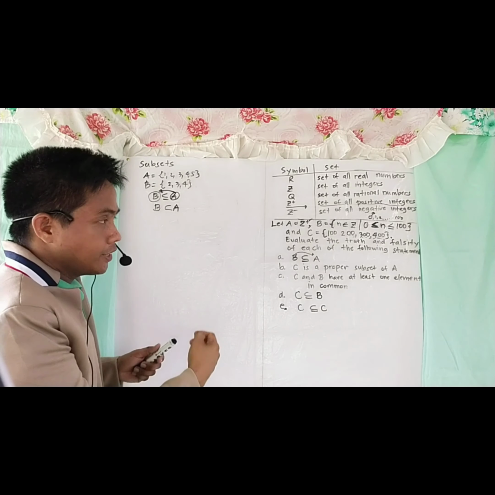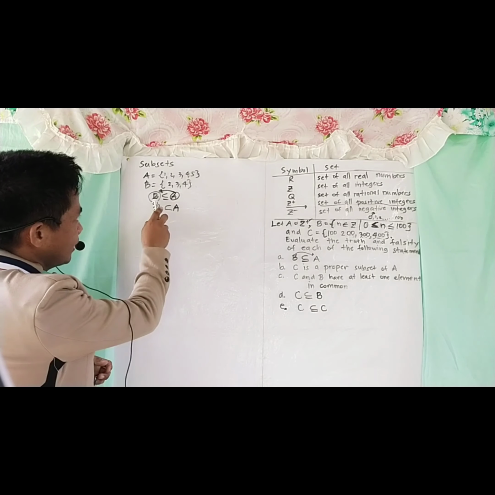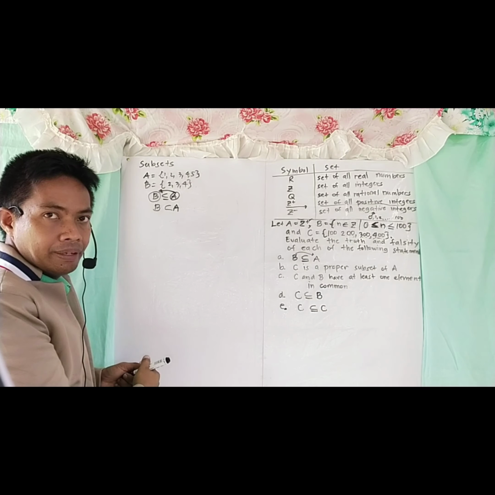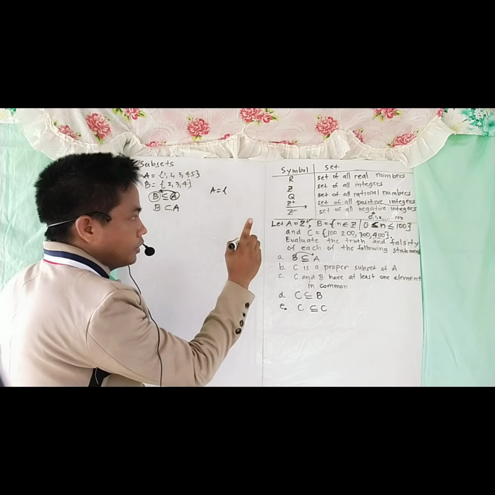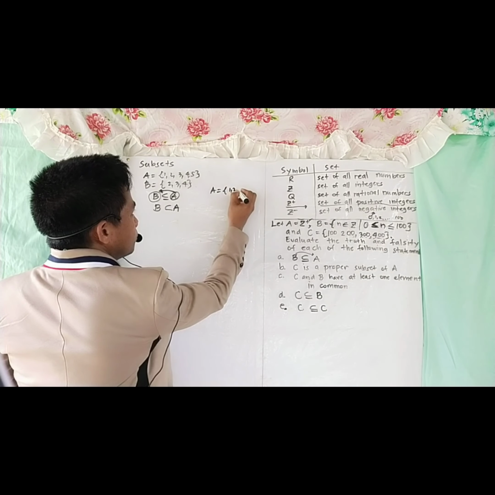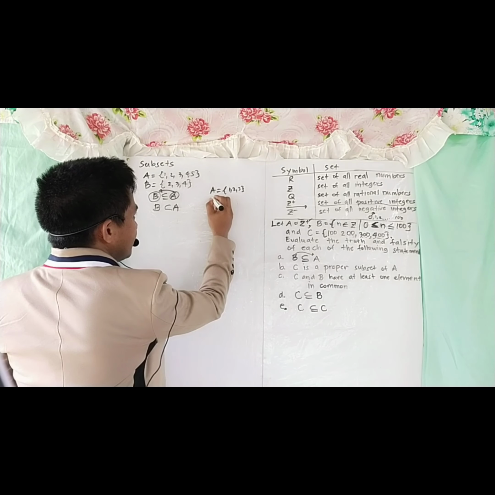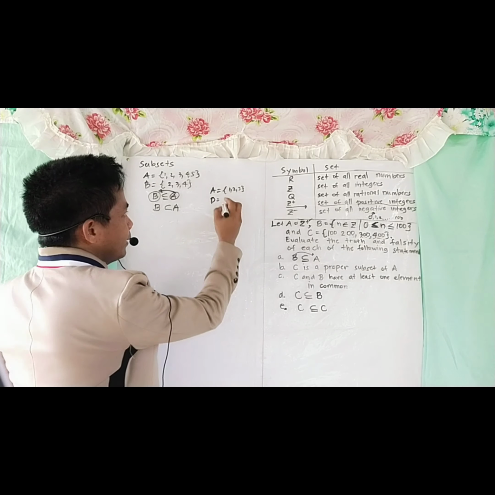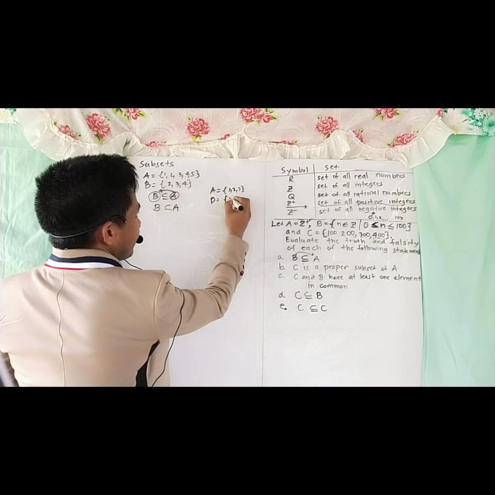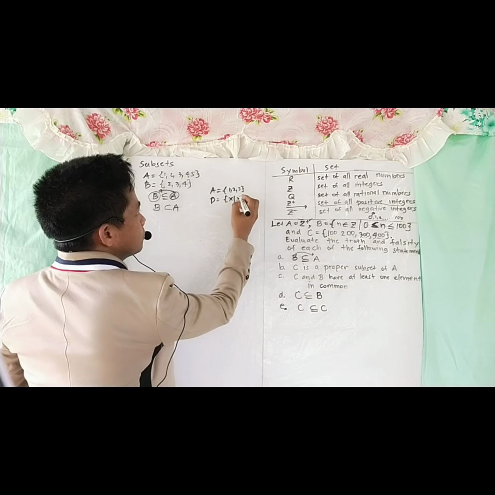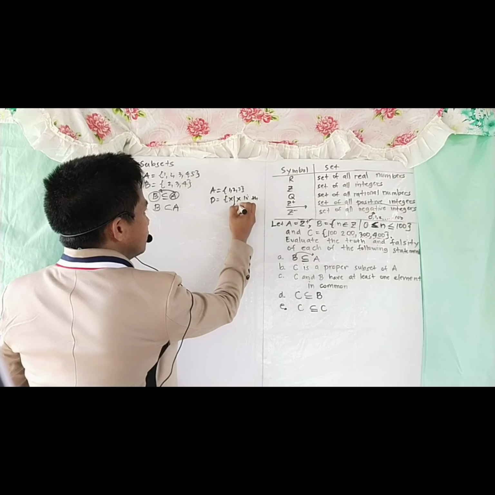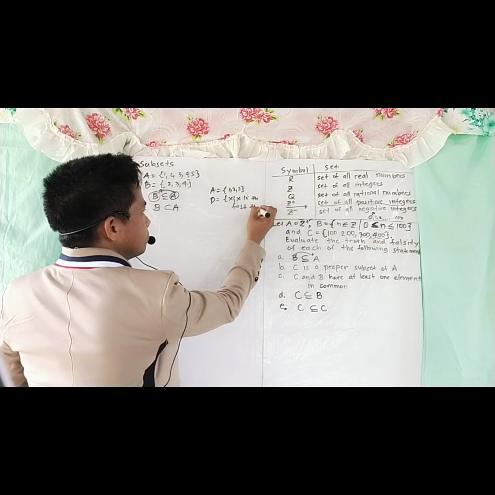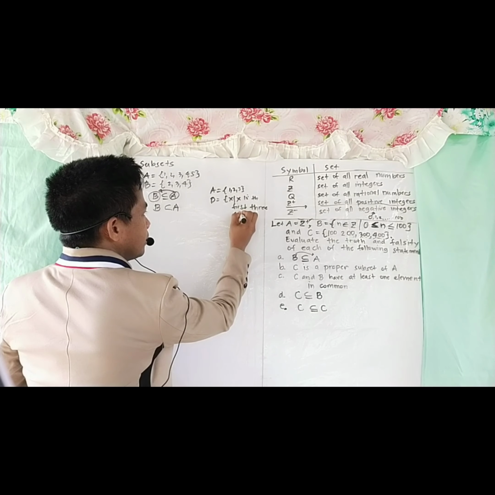Because there are several cases wherein the two sets have the same number of elements. So we have set A as the following integers: 1, 2, 3. And then we have set D, where D is the set of x such that x is one of the first 3 counting numbers.